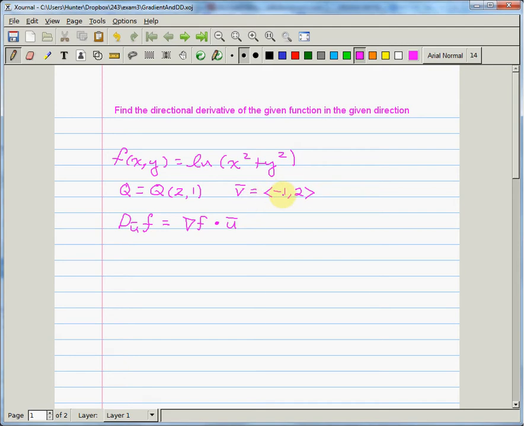But this vector is not a unit vector because its magnitude is not 1. So to find the directional derivative, it's important that we do use a unit vector. So that means that we have to normalize v. So u is going to be equal to the vector v divided by the norm of v.